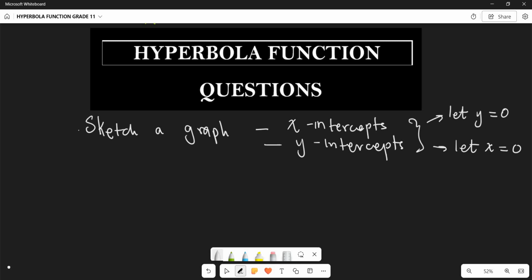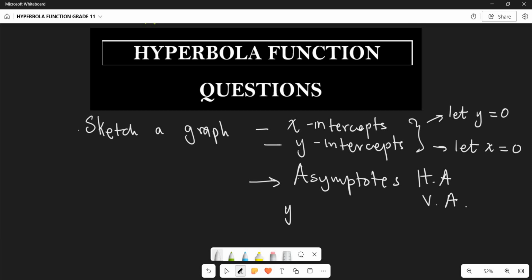So with that being said, another thing that we need to look at is asymptote, lines of asymptote. Where we talk about horizontal asymptote and the vertical asymptote. So we already spoke about this.